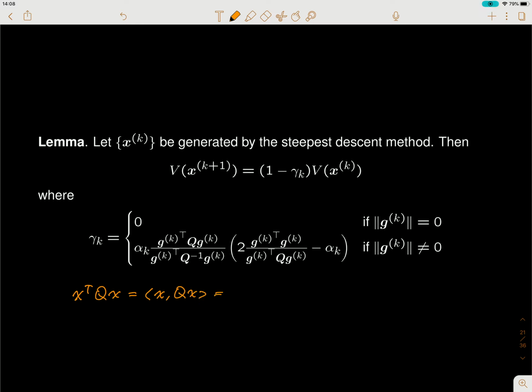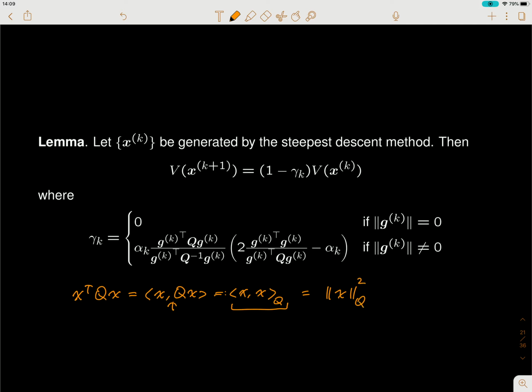And sometimes this is denoted by the Q inner product, which is how we define this one. So we define this to be this. And because Q is symmetric positive definite, this is actually a norm. So it's often denoted by the squared norm of x with subscript Q. Okay, that means the Q norm.